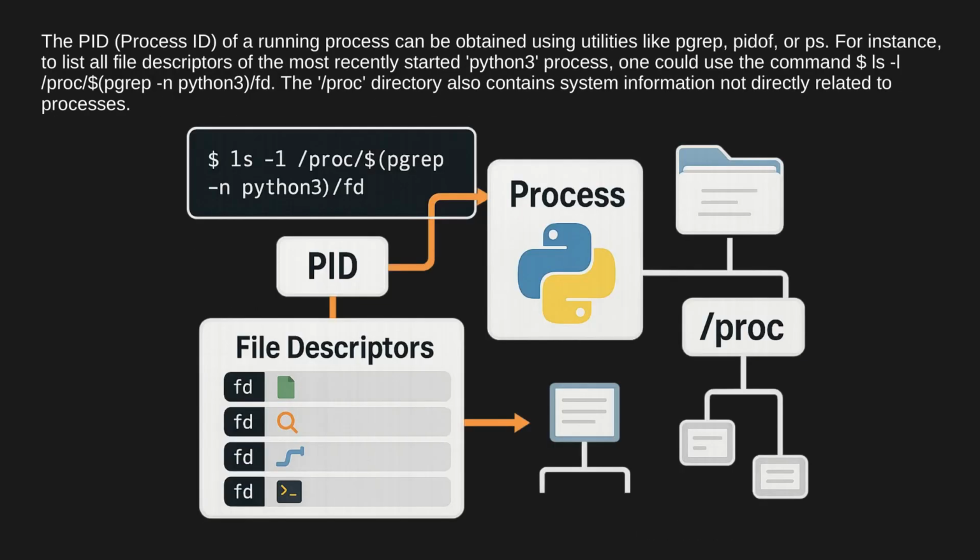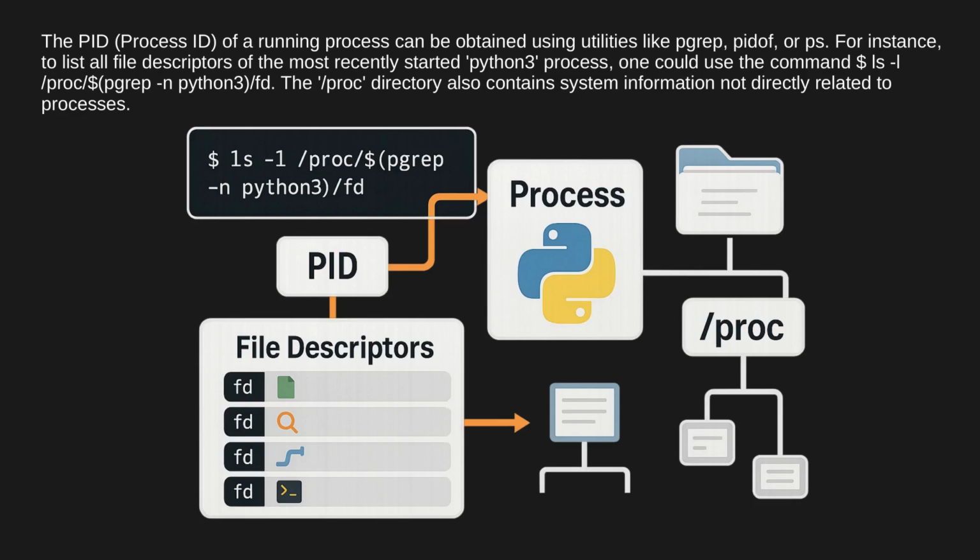The PID, process ID, of a running process can be obtained using utilities like pgrep, pidof, or ps. For instance, to list all file descriptors of the most recently started Python 3 process, one could use the command ls -l /proc/$(pgrep python3)/fd.